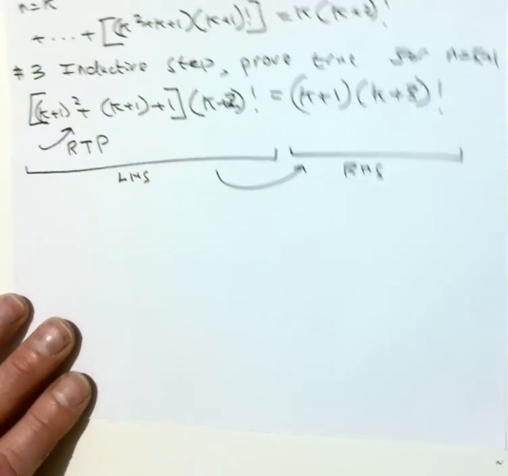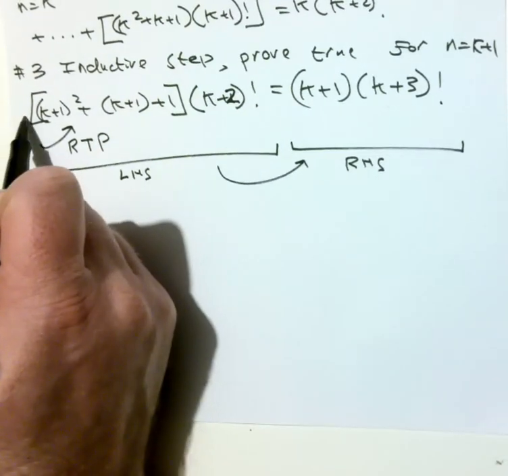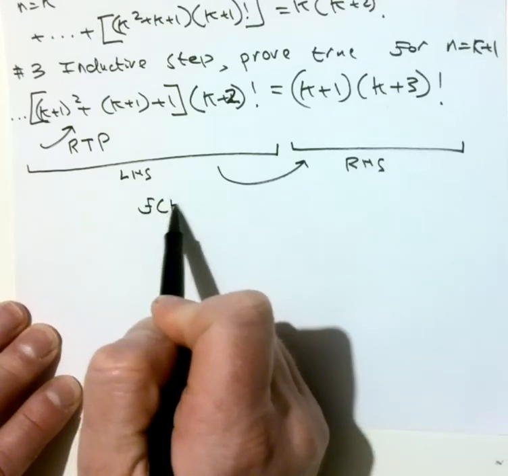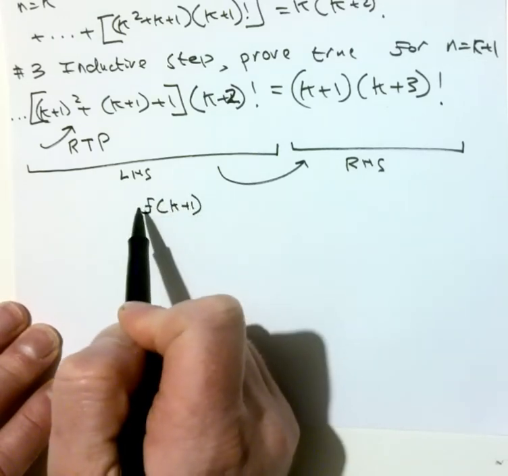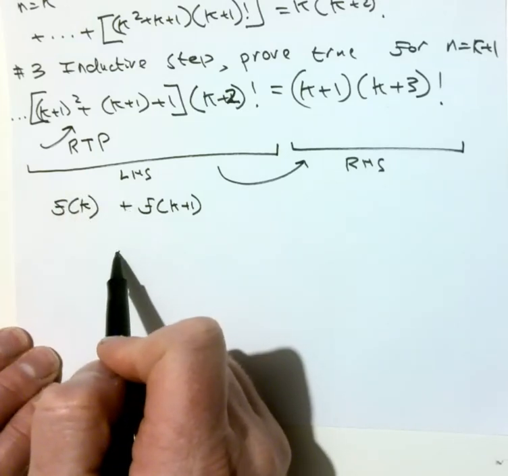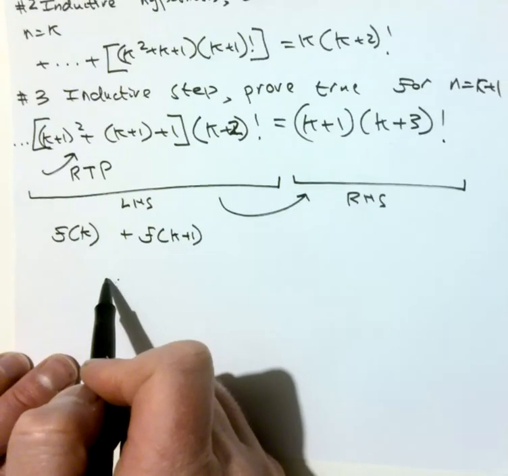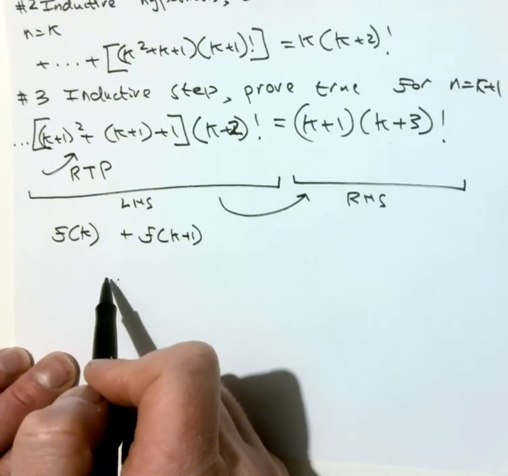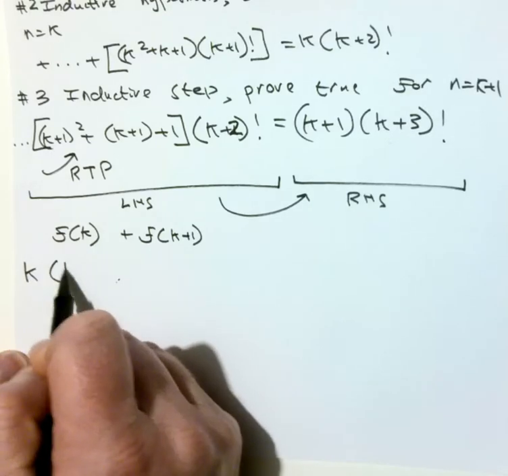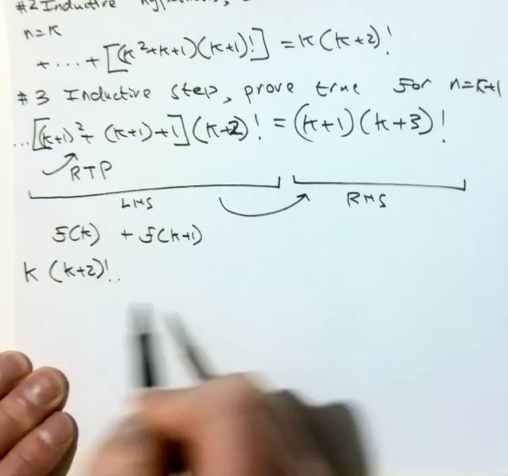So we have some preceding steps here, because don't forget this is f of k plus 1, and then preceding this we have f of k, and we know from the inductive hypothesis that f of k is k plus 2 factorial.